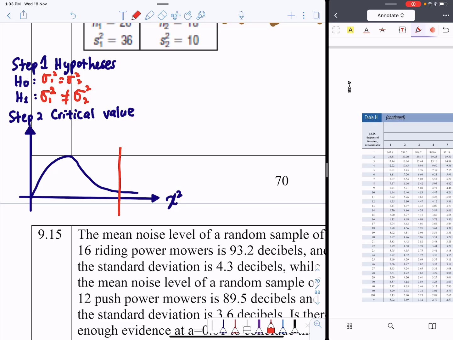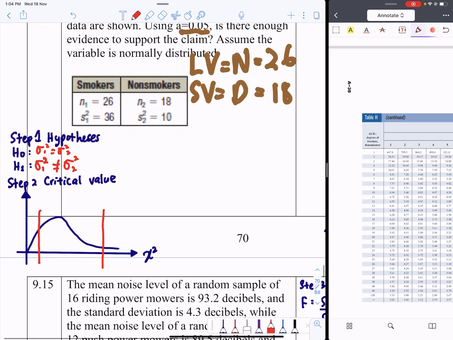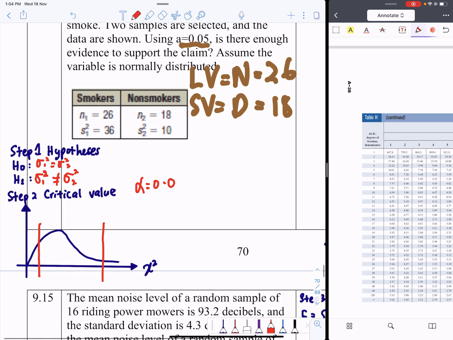The alpha is 0.05. Then we need to divide by 2, so 0.025. Here we have 0.025 on each side.